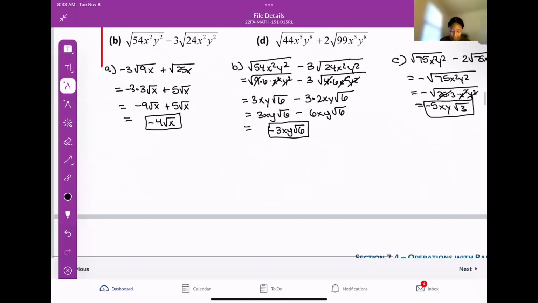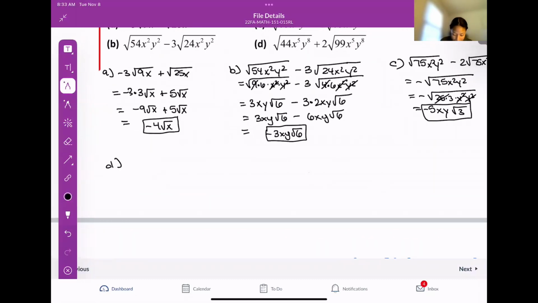Last one, it'll fit down here somewhere. Part D, the square root of 44 x to the 5th y to the 8th plus 2 square root of 99 x to the 5th y to the 8th. Okay, first thing, we have square roots, and then the numerical factors are 44 and 99.